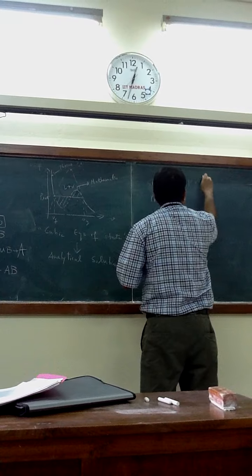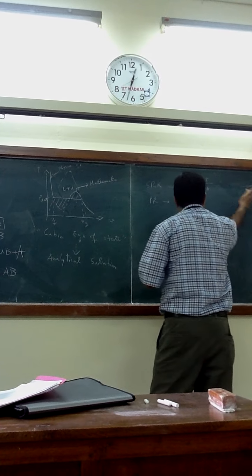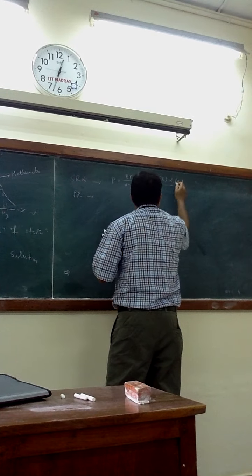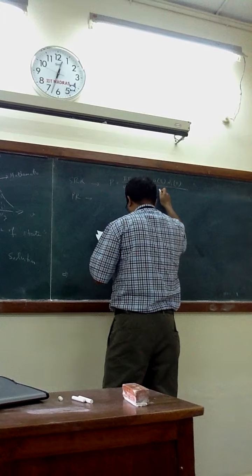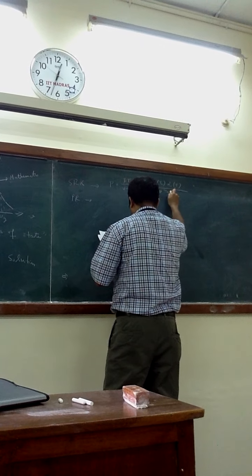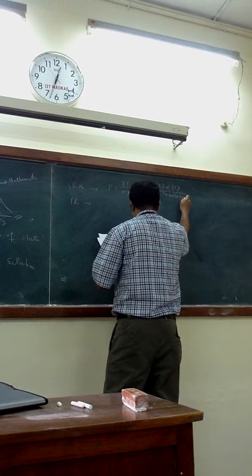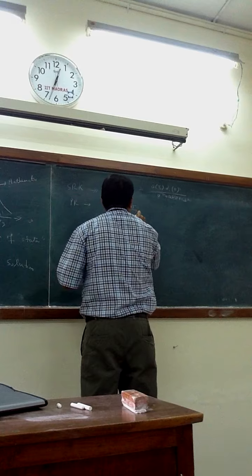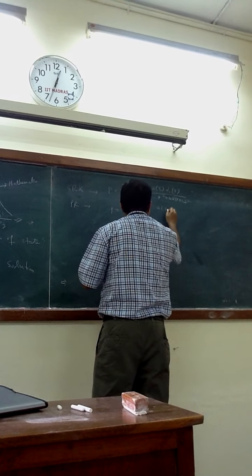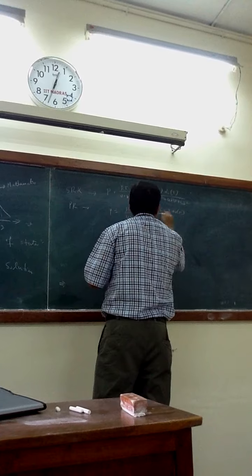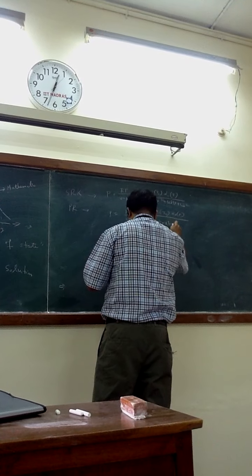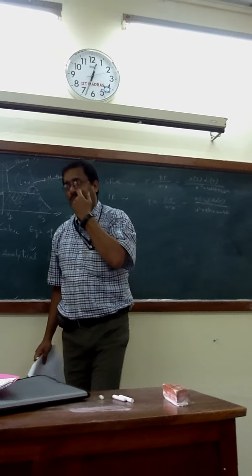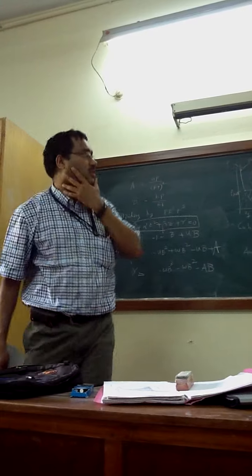We have P equals to RT by V minus B, minus a(T_c) alpha 1(T) divided by V square plus UBV plus WB square, and here it is again RT by V minus B minus a(T_c) alpha 2(T) by V square plus UBV plus WB square. U, W, everything is there in that small table you have.